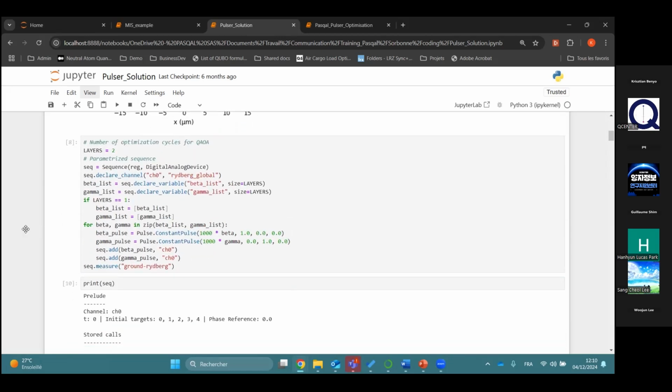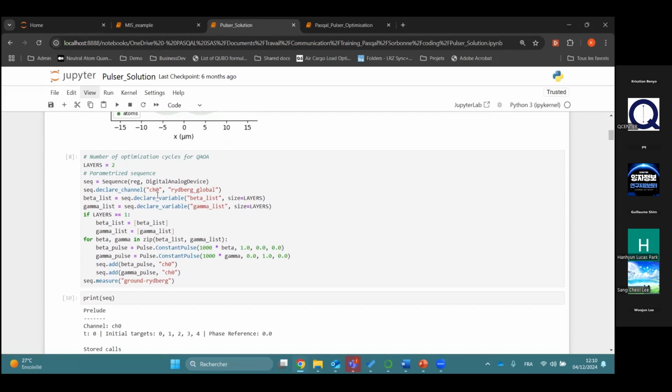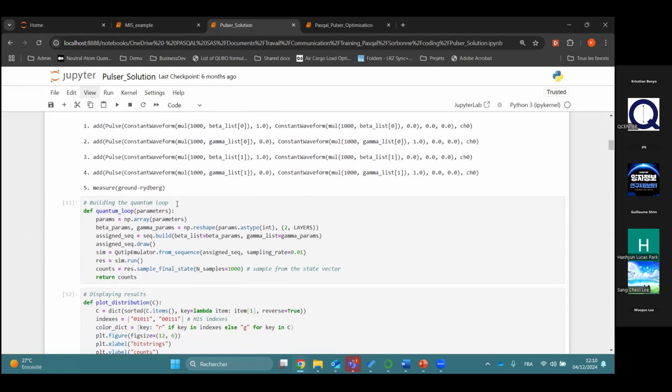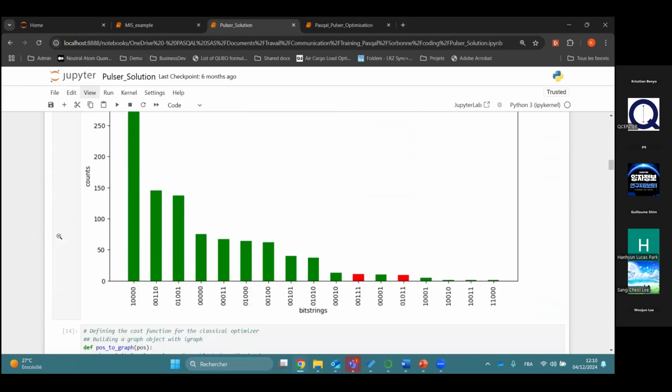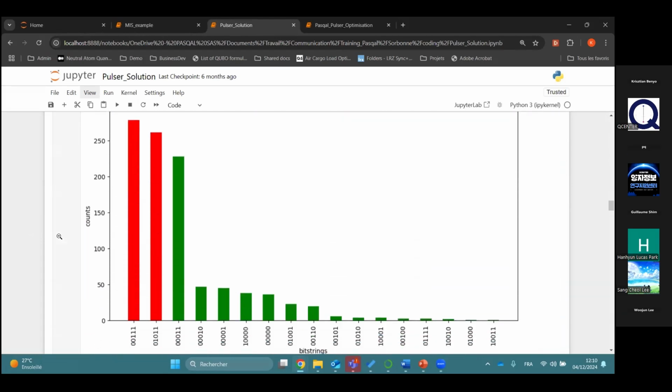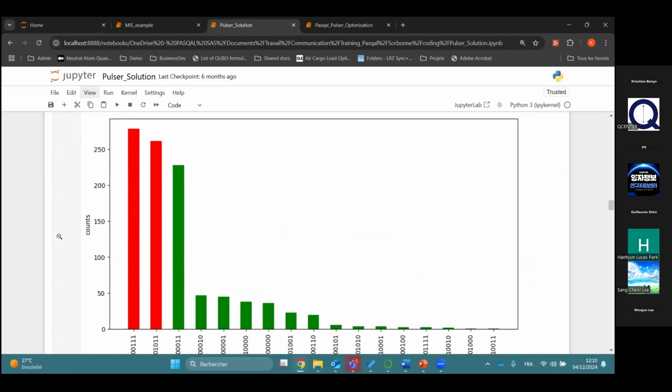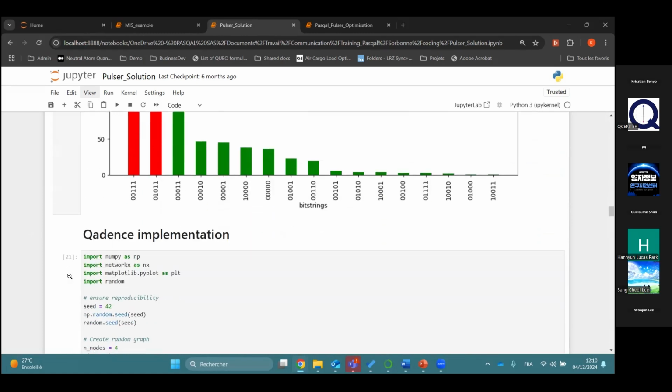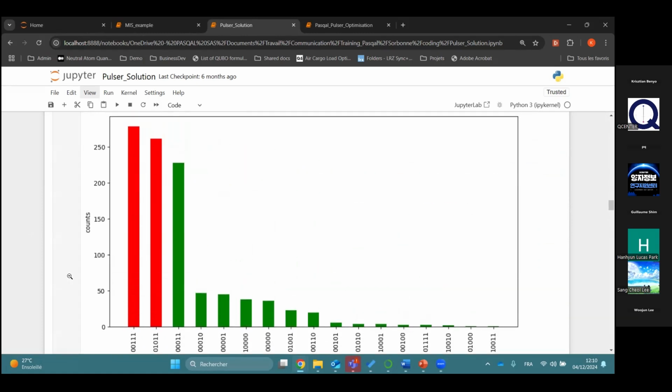So indeed, QAOA by itself for initial guesses has worked terribly. However, if we involve a sufficient amount of optimization, so this variational cycle of updating constantly the parameters, we can reach a pulse sequence that provides very, very good quality solutions for our problem.